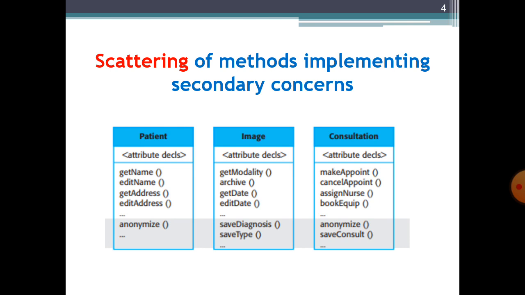It is a practical example of how scattering is performed, as we can see in this gray shaded area, which shows how these methods need to be implemented for the secondary concerns. So this is about scattering. Students, this is a very good example of scattering, of how we need to implement methods for secondary concerns, as you can see in this gray shaded area.